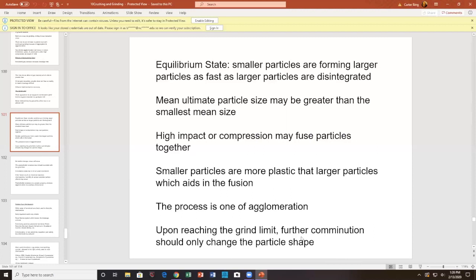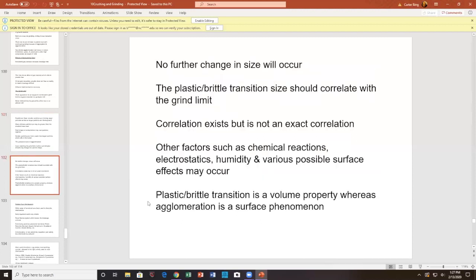Upon reaching the grind limit, further size reduction only changes the particle shape. That's kind of interesting. No further changes in size will occur. The plastic-brittle transition should be correlated with the grind limit. Correlations exist, but not an exact correlation. Other factors such as chemical reactions, electrostatics, humidity, and various possible surface effects may occur.